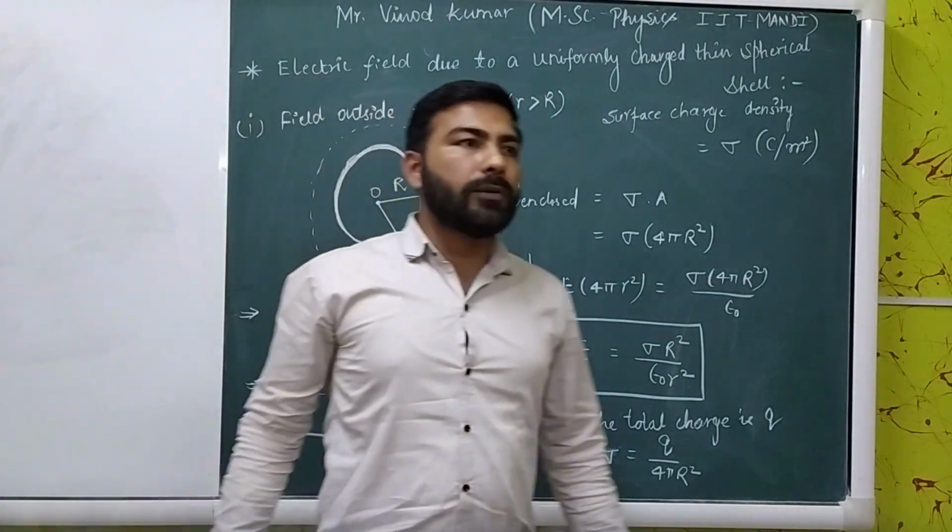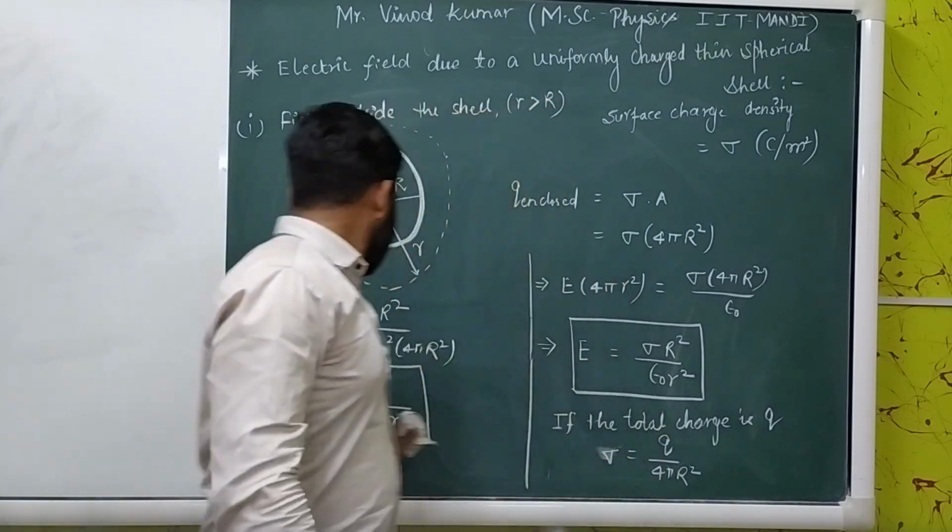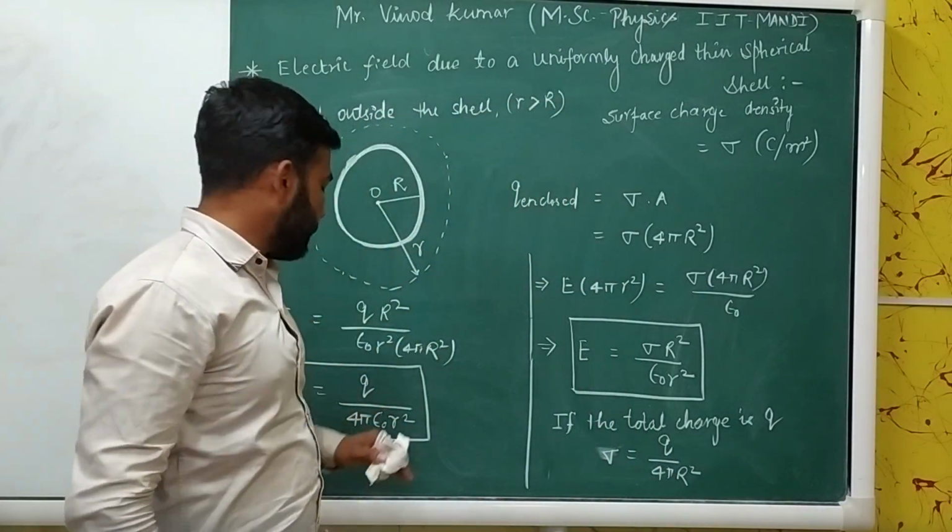This is the electric field outside the spherical cell, where Q is the total charge on this spherical cell.